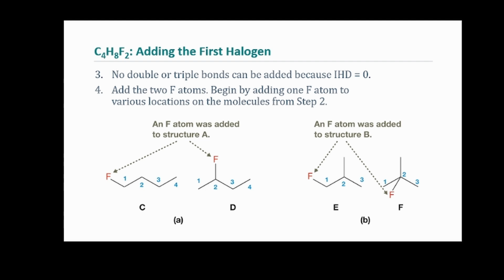So the next part we're going to go on to is the halogen. So we're going to add fluorines in. So we add a fluorine into this straight chain. We can put it on the first position or the second position, right? And those will both be different. Why can't I put it on the third position?